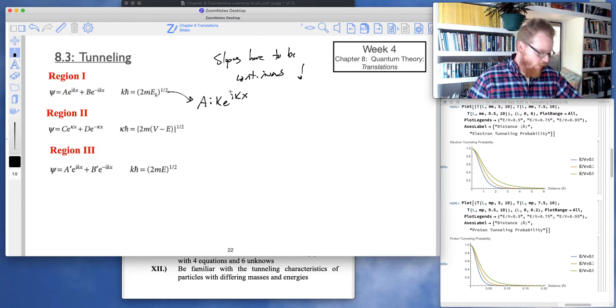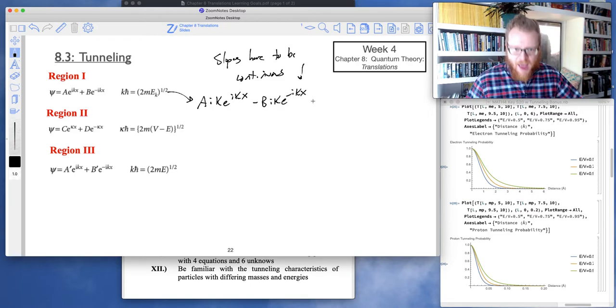And then that term is going to be negative B ik e^(-ikx). Now I want to take the derivative of region 2. That's just going to be C κ e^(κx), and then minus D κ e^(-κx).